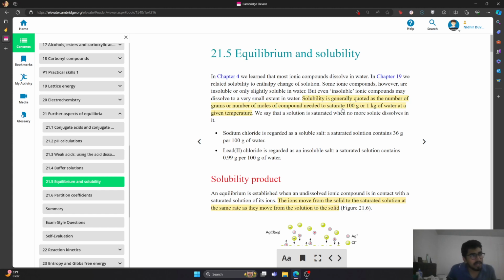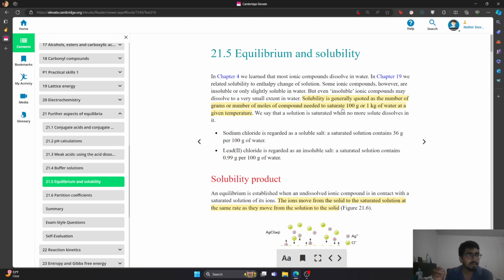The idea is that once you dissolve that much, there is nothing more that you can dissolve. Imagine you have 100 grams of water and you're trying to add salt to it. You add a little bit of salt and start stirring, and the salt dissolves. You add a little bit more and stir, and it dissolves.